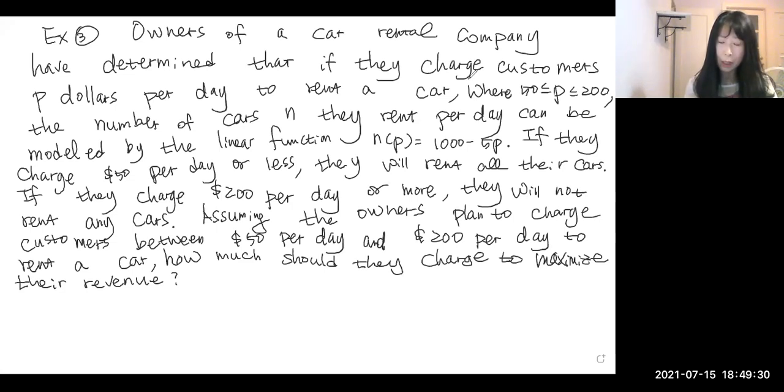They make N of P equal to 1000 minus 5P. And in the beginning, they mention between 50 and 200 dollars. So let us do this one.